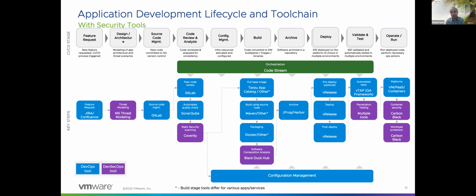It is now called VMware Application Catalog, which provides us secure images which are up to date with the latest patch set for containers. We use Maven, Gradle, and any other, depending on the technology stack, to build our application and then package it along with the dependencies.